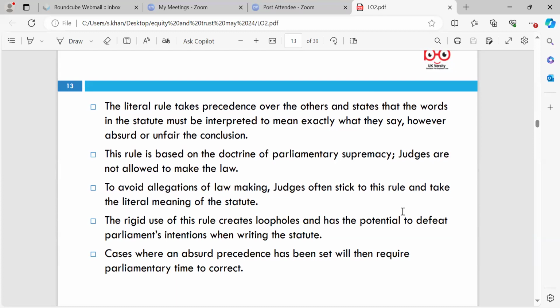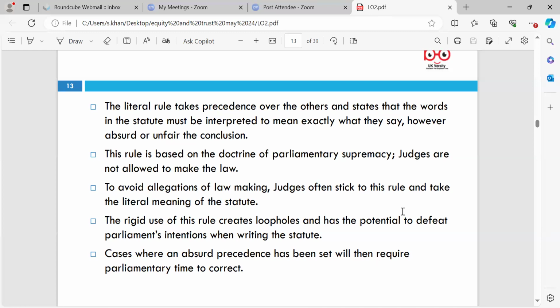So, the literal rule is the main one. This rule is the basis of all court decisions in relation to statutes. Here, judges rely on the exact wording of the statutes for the case. They don't interpret meaning.